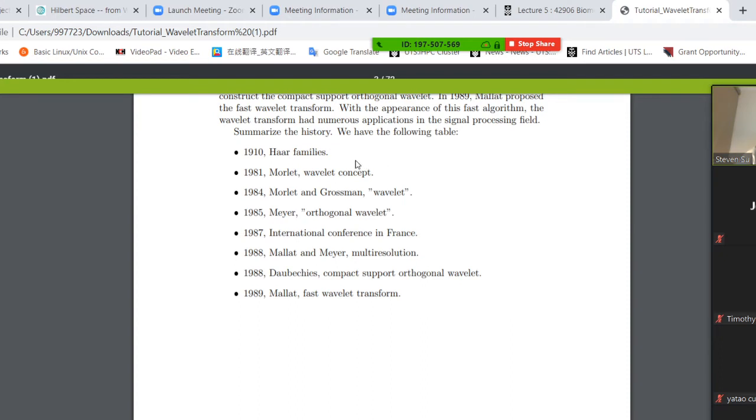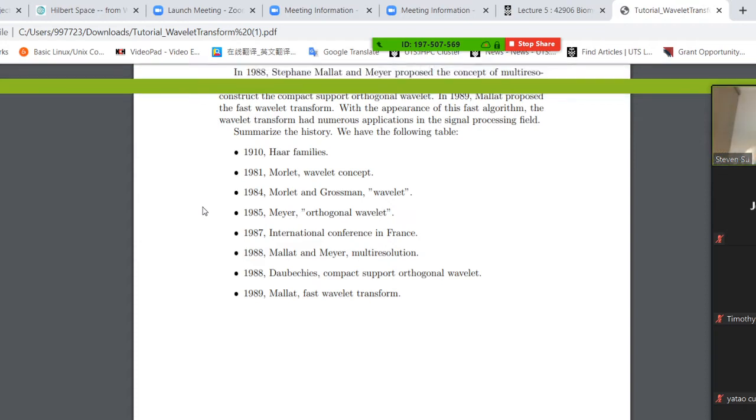Only in 1980, around 40 years ago, did the wavelet concept come out. Then they developed different kinds of wavelets and also the multi-resolution method. We will discuss multi-resolution when we discuss the discrete-time wavelet.